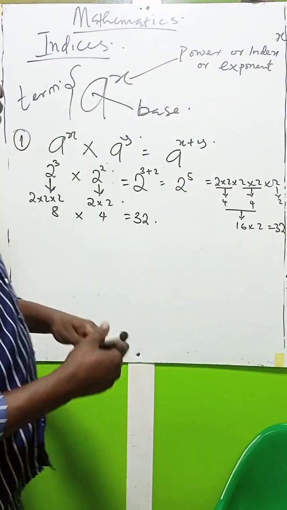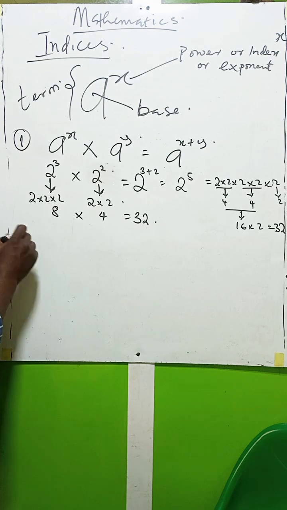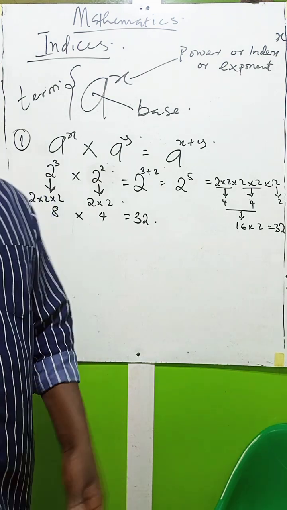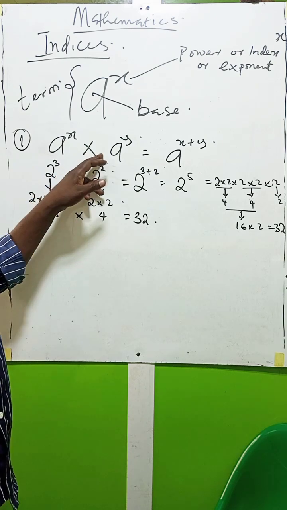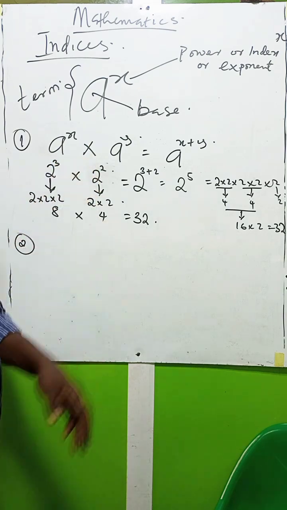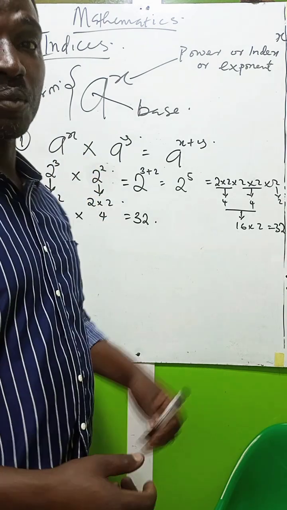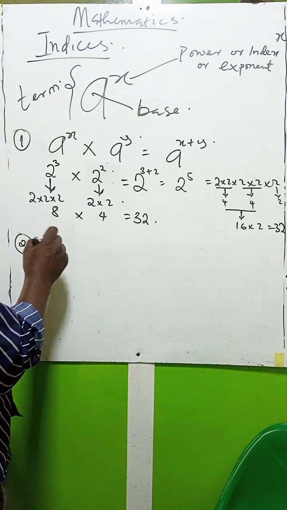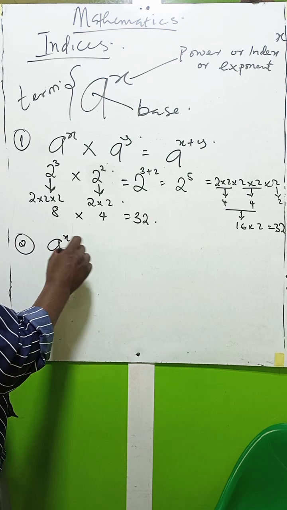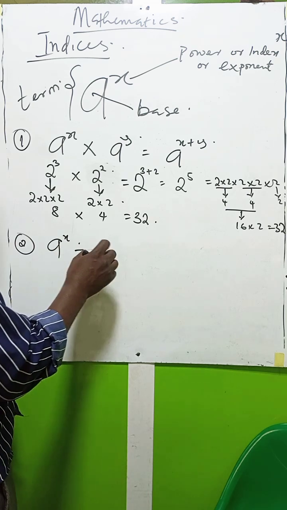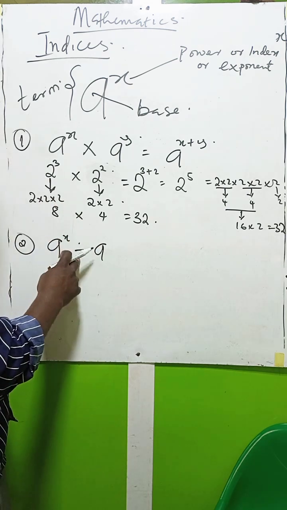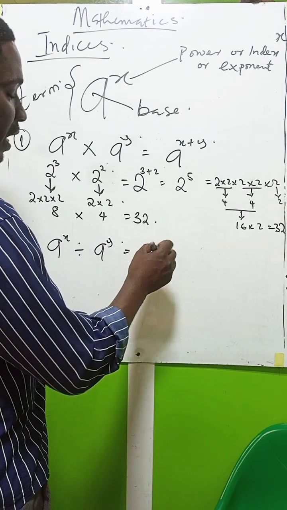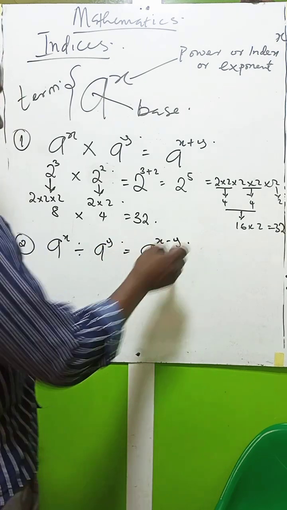Now let's see the second law. The second law is almost similar, but with just a different sign of operation. For instance, if we have same terms like a raised to power x divided by a raised to power y. The law states that take a base a raised to power x minus y.